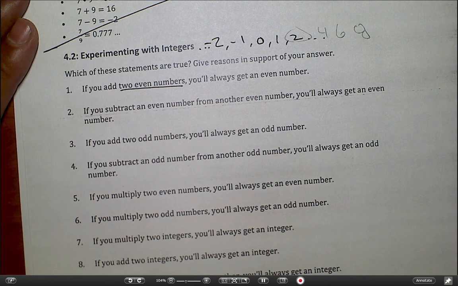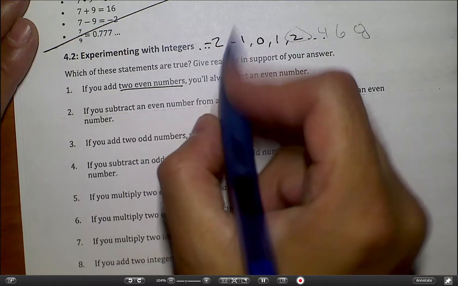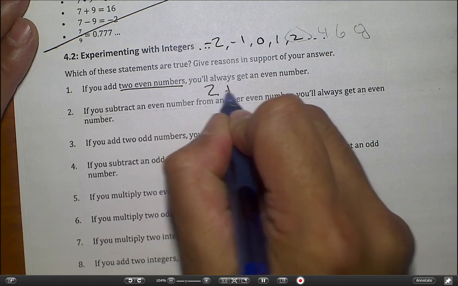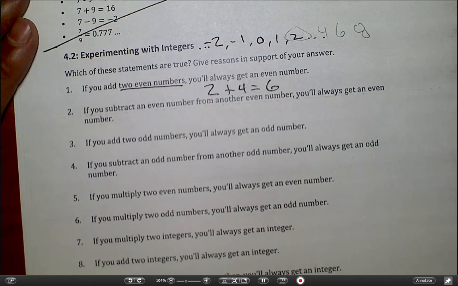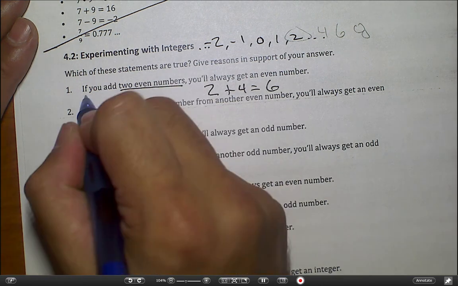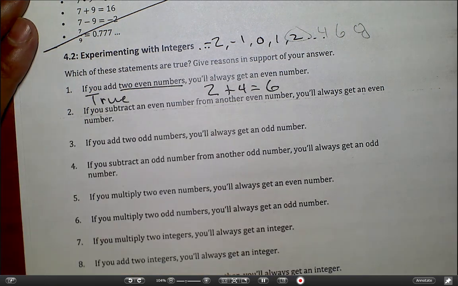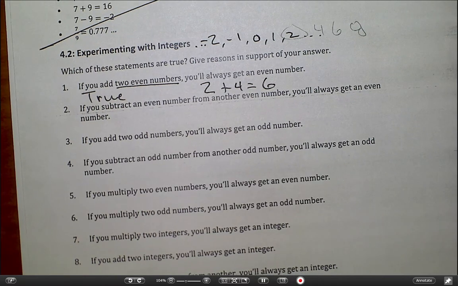Give me an example. So you're saying 2 plus 4. What's that give me? Is that an even number? So my answer is? There we go. It is true. Does that make sense or no? Hopefully it does. And I keep losing my other pen. There it is.